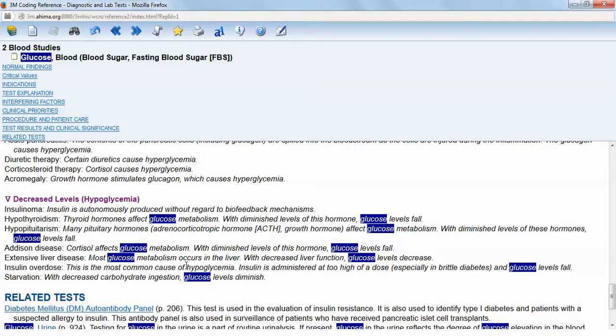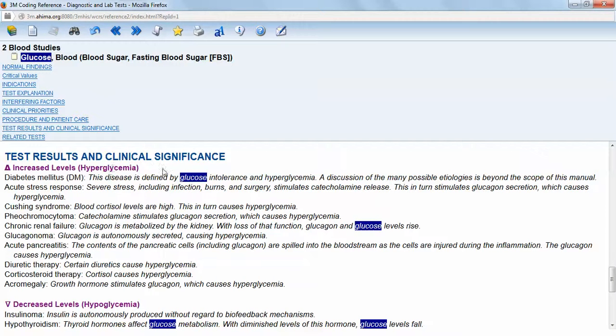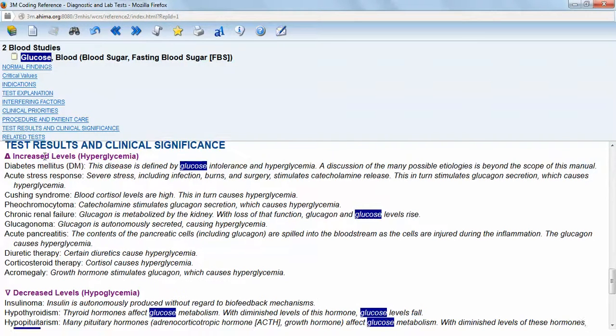So what you want to use this for is to give you a hint as to what you might be looking for. So if you see a patient has increased levels, hyperglycemia, sorry, I'm losing my voice, then you could start out by hunting around in the chart and looking for any one of these particular disease processes and seeing if you have anything that supports it.